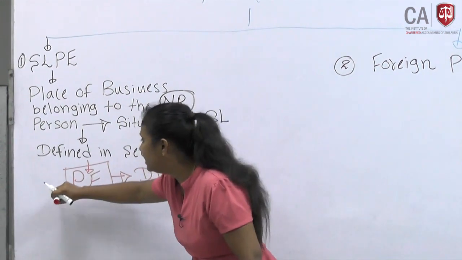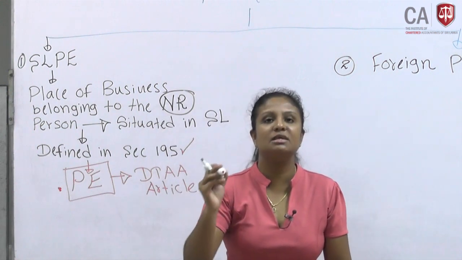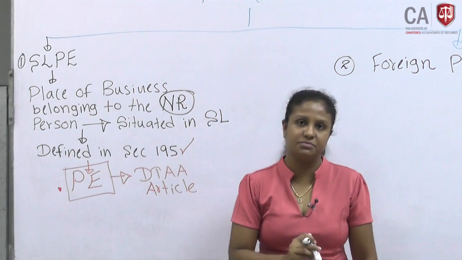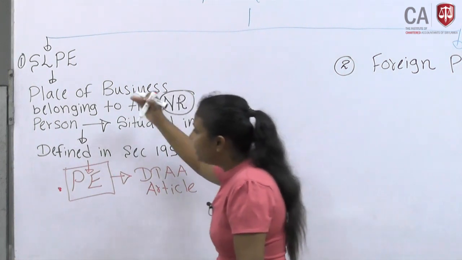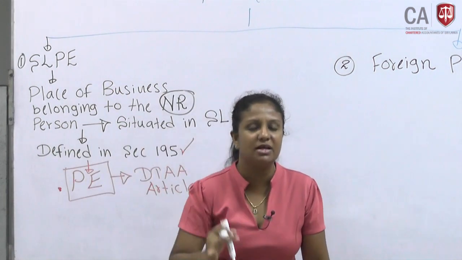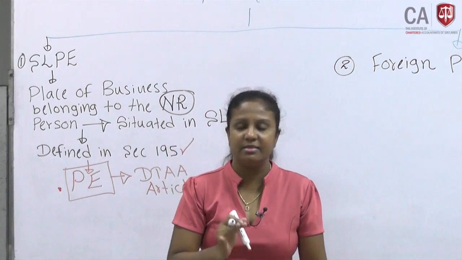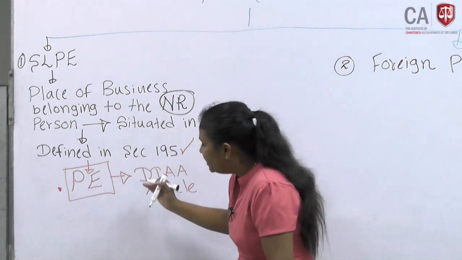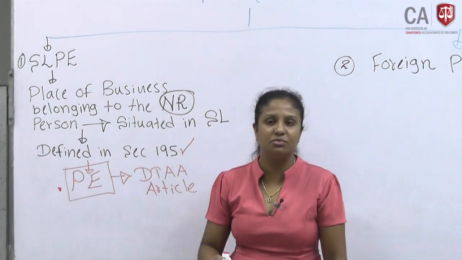Why am I highlighting this one? Because in section 75 subsection 2, it's very clearly given that if there is a double taxation treaty between two countries, India and Sri Lanka for an example, the double taxation treaty supersedes the Inland Revenue Act.